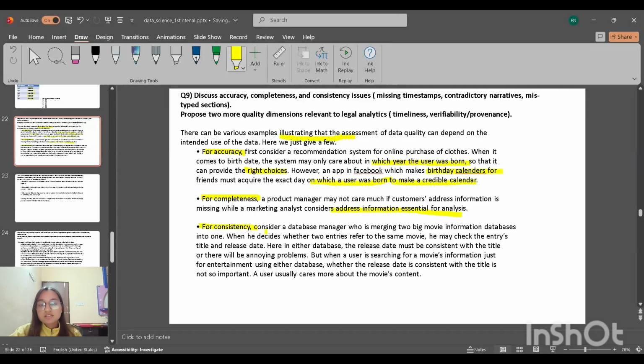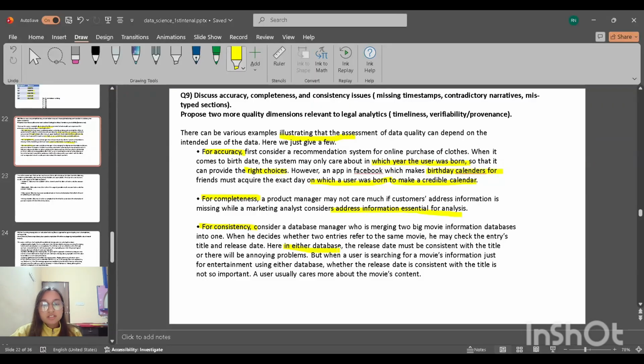For consistency, consider a database manager who is merging two big movie information databases into one. When he decides whether two entries refer to the same movie, he may check the entry's title and release date.